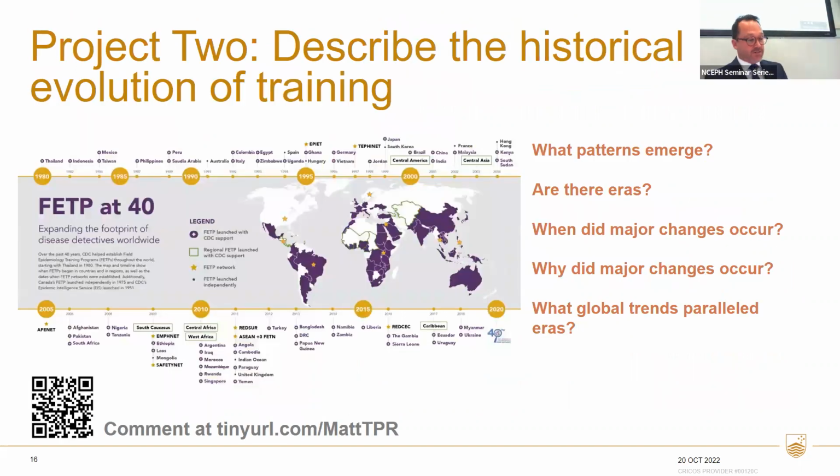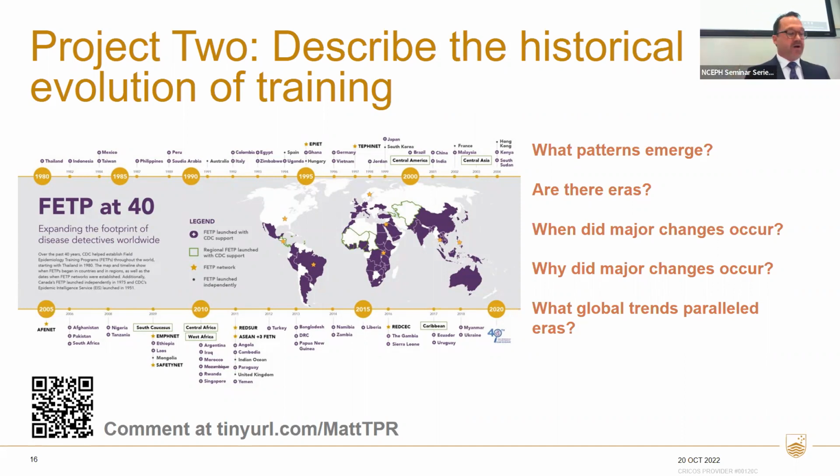For the second project, I aim to describe the historical evolution of the training model from that early EIS to the FETPs of today. Amish Talwar, who's a PhD candidate in this school, is helping me on this project. Thank you. We are reviewing the literature and will interview key informants who were involved in setting up, especially the early programs.